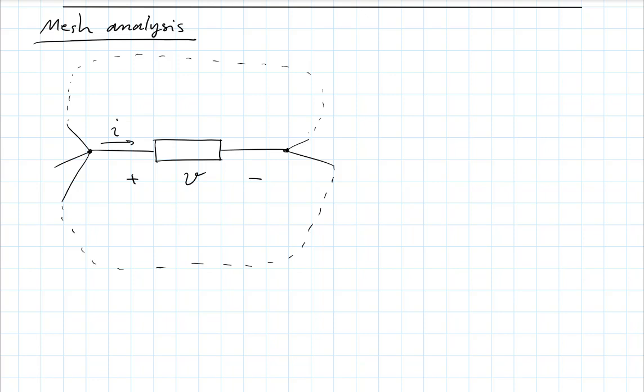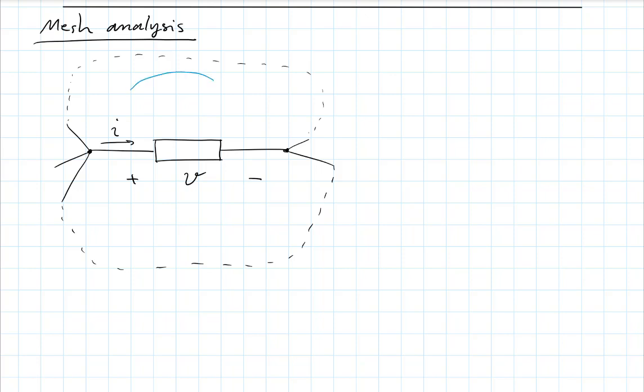Here, mesh current is not something that you directly measure, but it's differences in mesh currents that you measure. And so here's how the concept goes. That's the current I in the element, and that's a physical property. I could put an ammeter in series with this element right here and measure that current. You've done this in the lab.